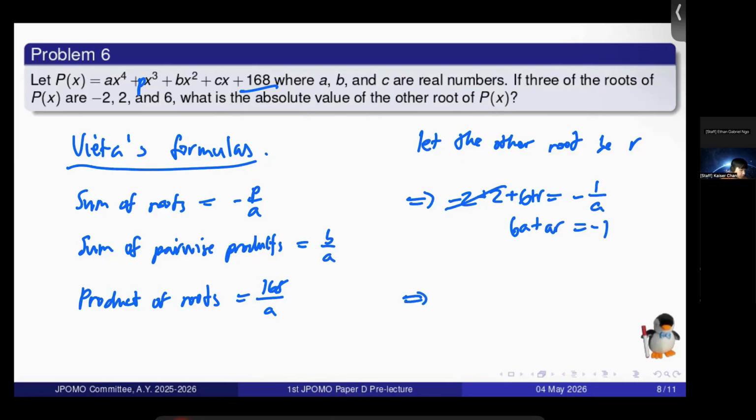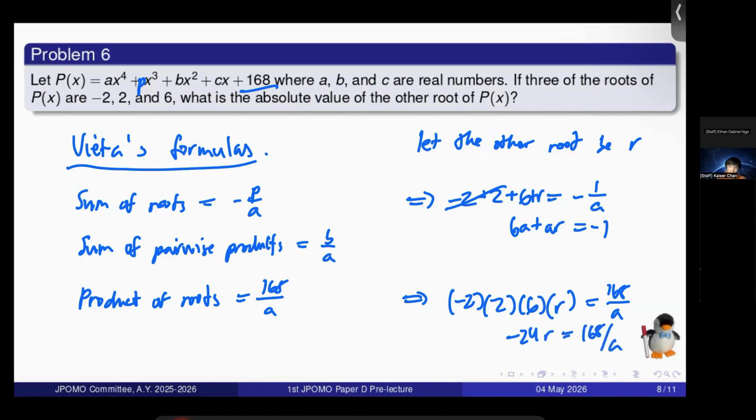And then we also do this for the products: -2, 2, and 6, and r equals 168 over a. So -2 times 2 times 6 is -24, so -24 r equals 168 over a.